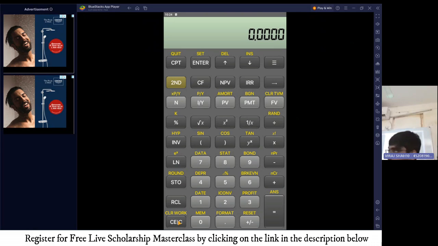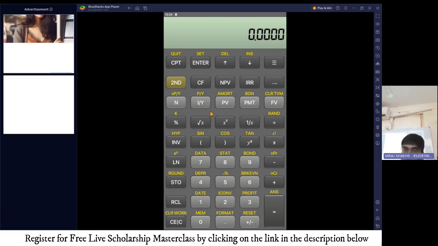You need to know the formula for your understanding, but during the exam you don't need to actually use the formula and calculate. You can directly input this part in the calculator and get the answer.